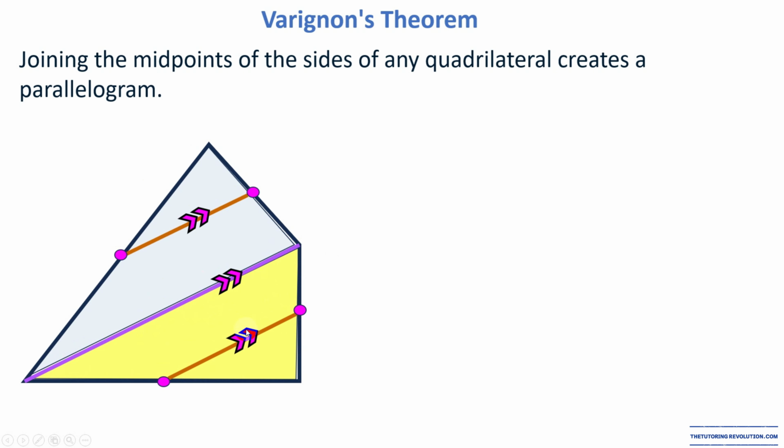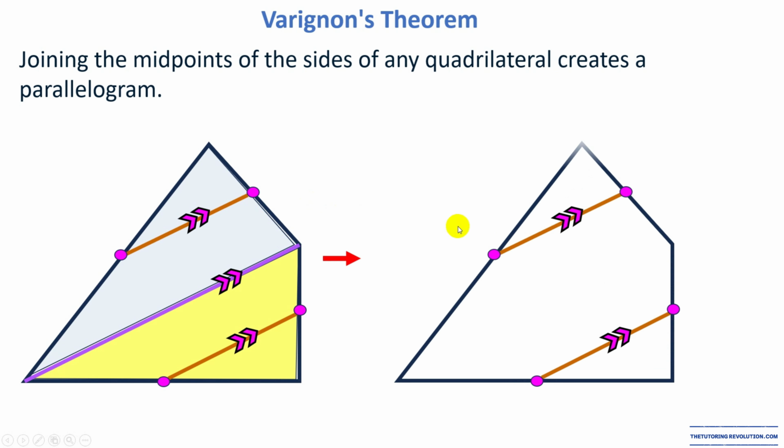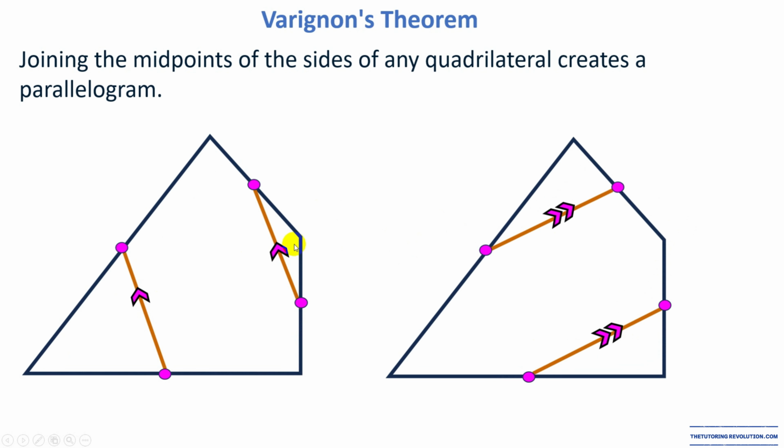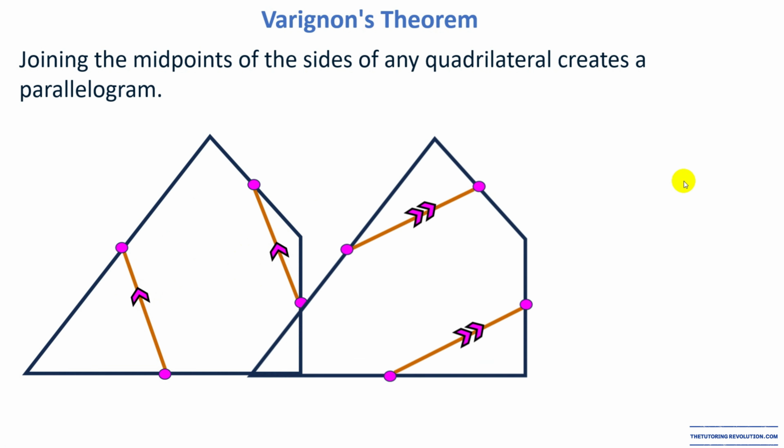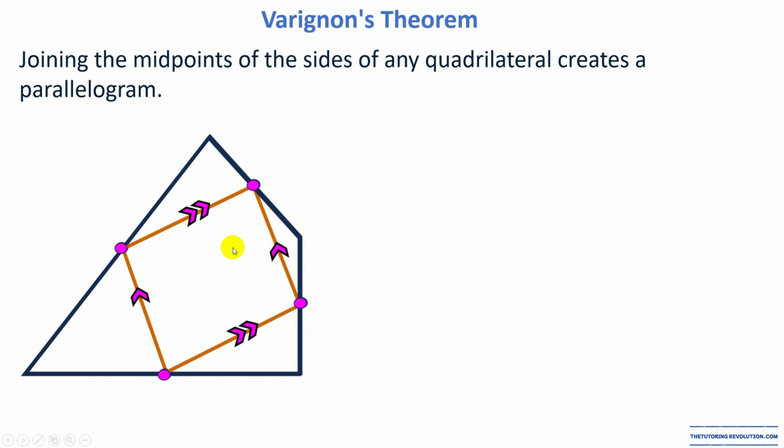Since these two sides are each parallel to the same base, they are parallel to each other. So basically we have shown that these two are parallel to each other and these two are parallel to each other. Therefore, we prove Varignon's theorem that this figure that we form is a parallelogram.